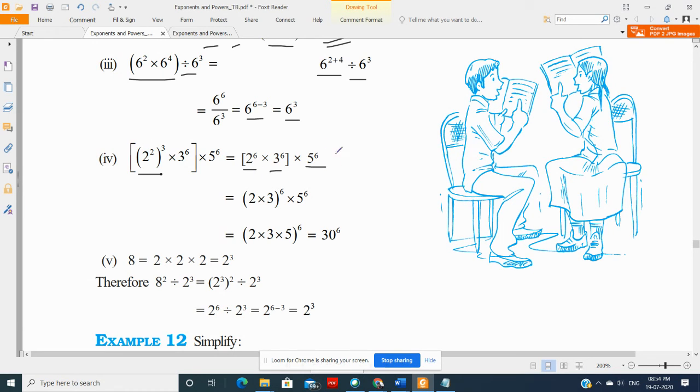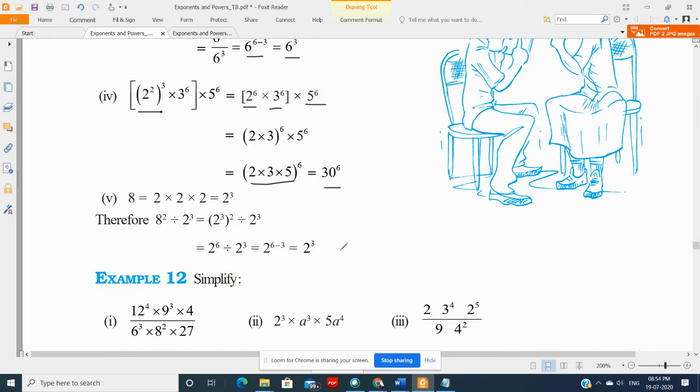Now, as you can see, the bases are different, but the powers are same. So you can directly write like this. You can even ignore this step. All right. So directly you can write that 2 into 3 into 5 whole raised to 6 and then 30 raised to 6.